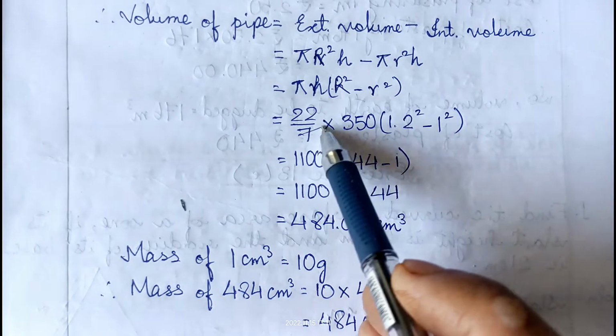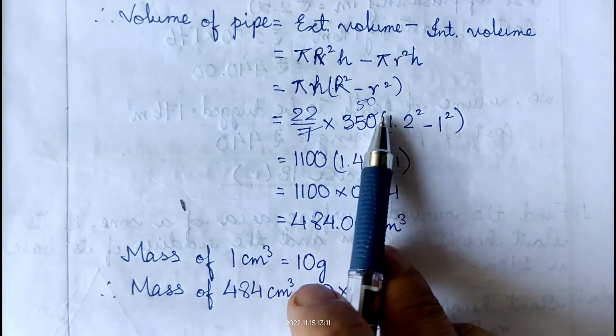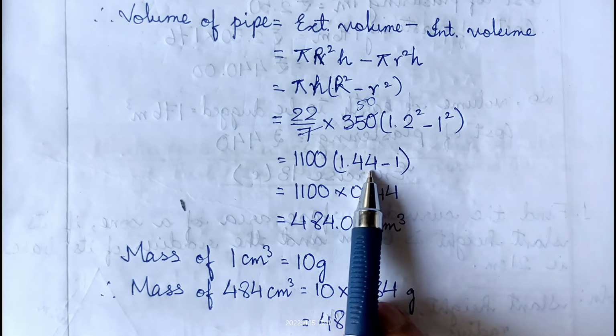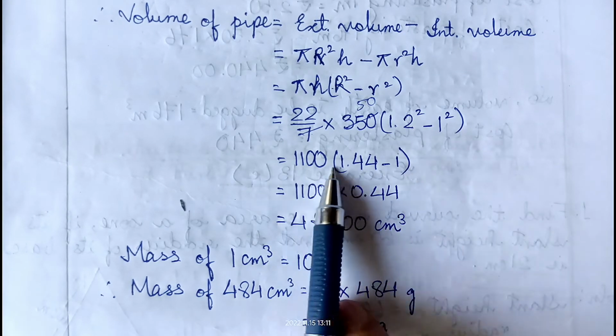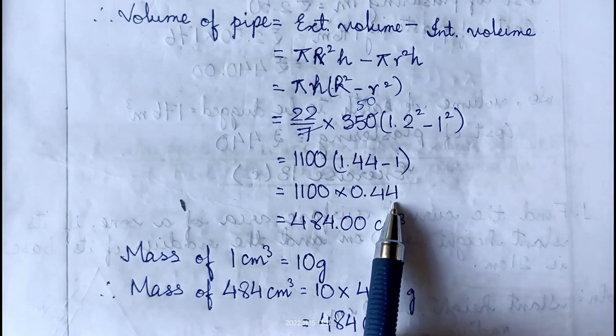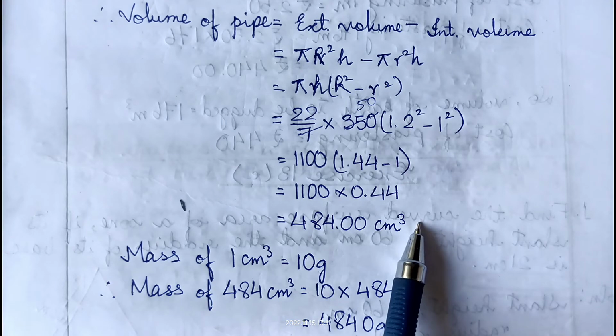Now 7 and 350 can be cancelled. It will be 50. 22 into 50 is 1100. 1.2 square is 1.44 minus 1. 1100 into 0.44. If I multiply, it will be 484 centimeter cube.